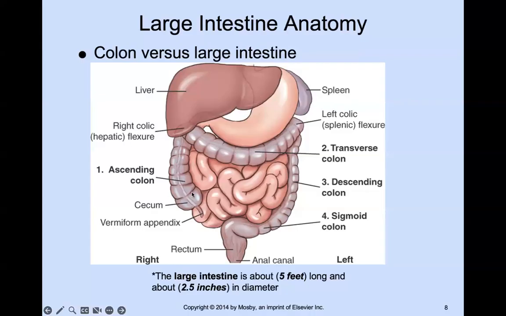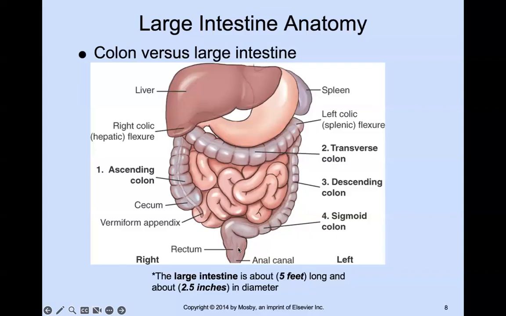So the colon and the large intestine are separate, okay? So the colon consists of 4 parts: the ascending colon, the transverse colon, the descending colon, and the sigmoid colon, okay? The large intestine also includes the cecum and the rectum.